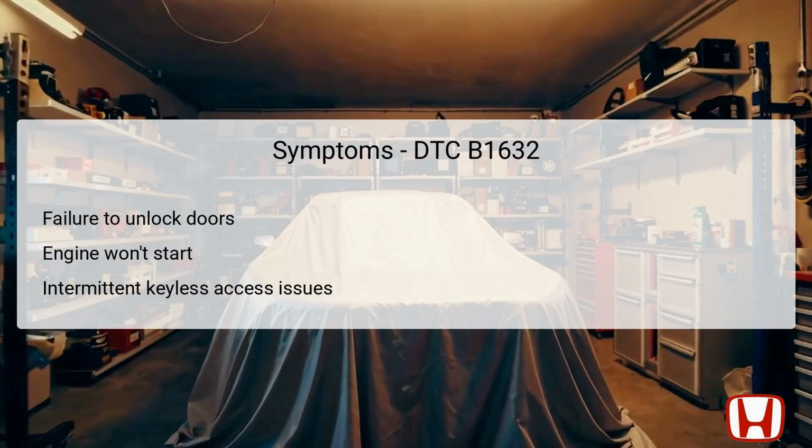Furthermore, the engine may fail to start altogether, locking the driver out from operation. Intermittent keyless access issues might occur sporadically, leading to uncertainty about the reliability of the vehicle's security system. Recognizing these symptoms can be the first step in diagnosing underlying electrical or component failures.